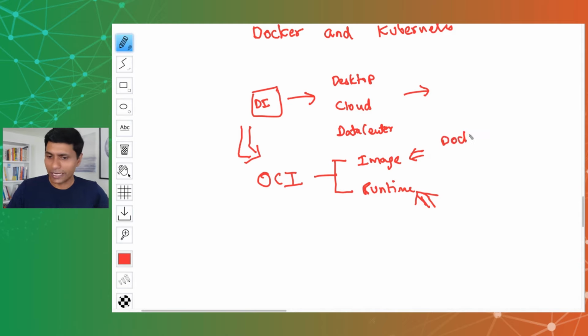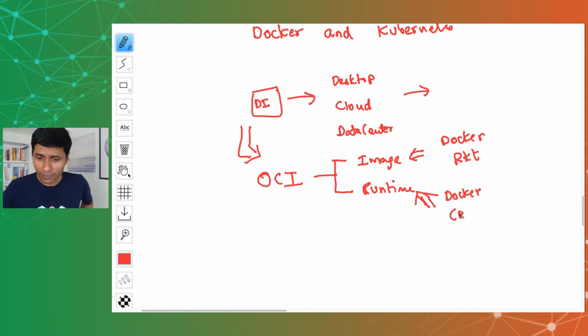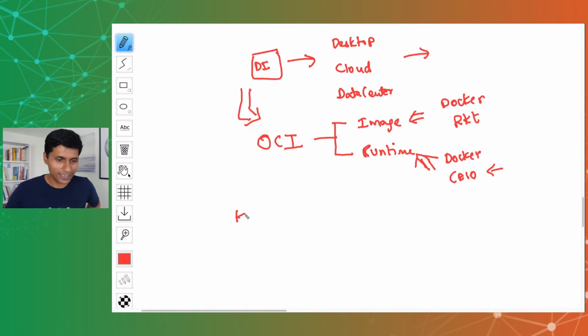Obviously, Docker is compatible with each of these. Docker images can run on any OCI runtimes, right? So there are other things like Rocket, and also there are other runtimes which are popular as well. So Kubernetes makes use of something called CRI-O, which is the runtime used by Kubernetes, which is what we are going to talk about next.